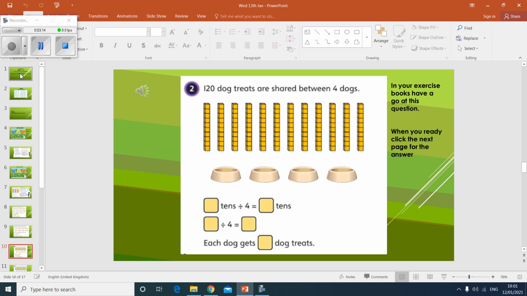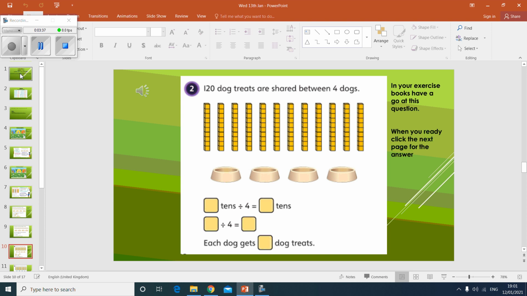So now another one to do in your exercise book. We've got 120 dog treats that are shared between 4 dogs. Pause the video while you have a go at this question, looking at how many tens we have. 12 tens is equal to 120.